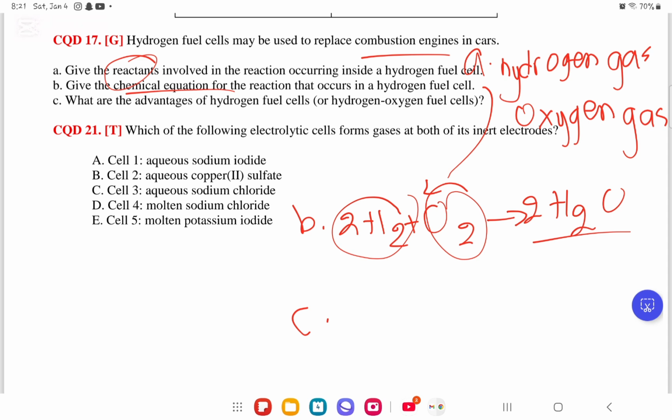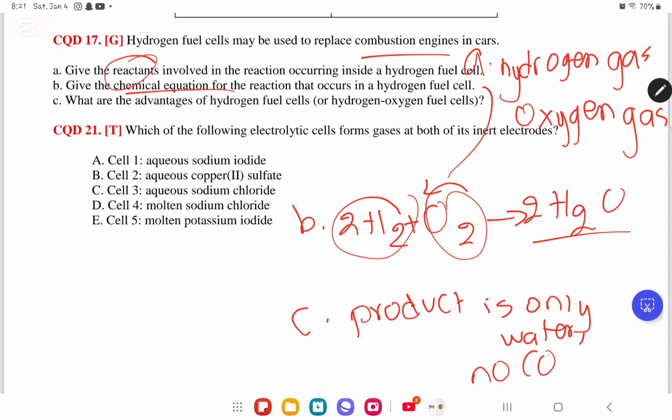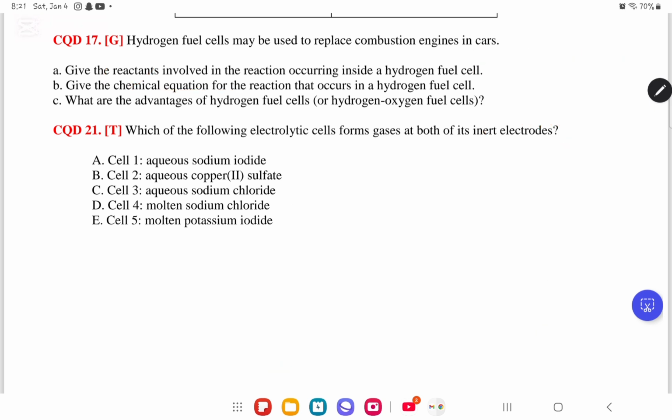They produce only water, so the product is only water and no CO2 emission. You can say also environmentally friendly. And that is it for number 17.